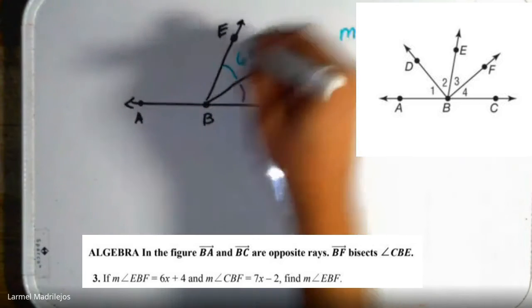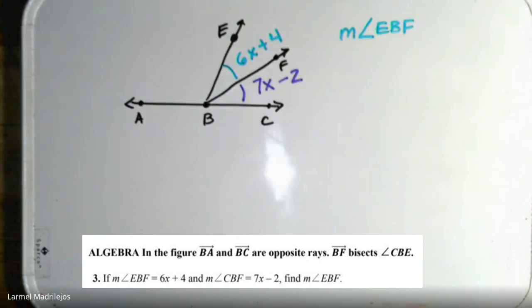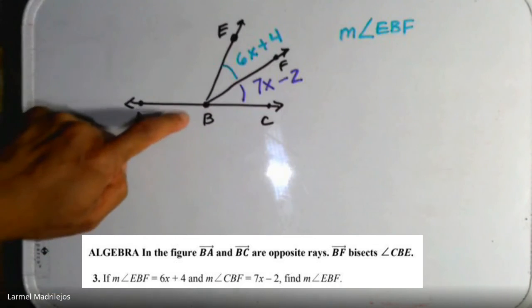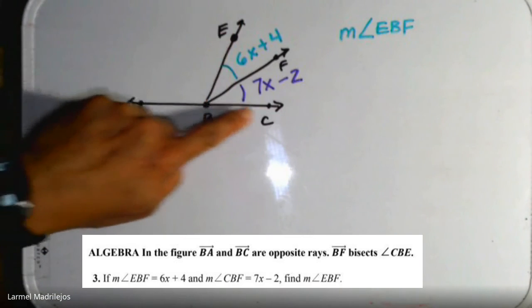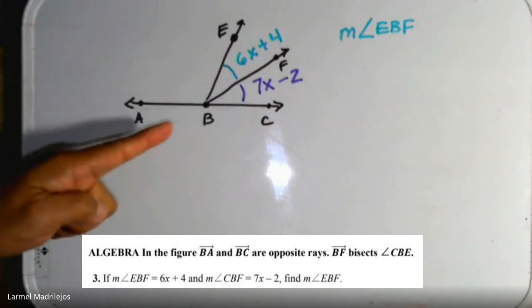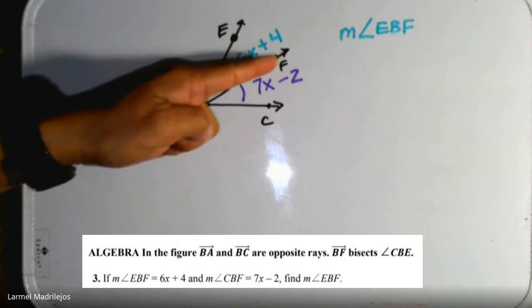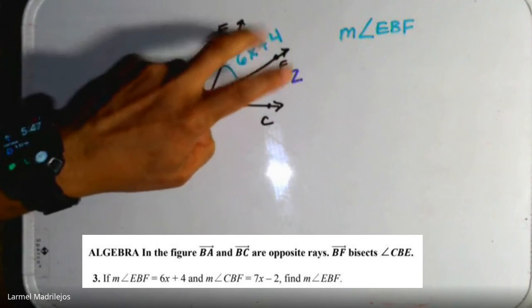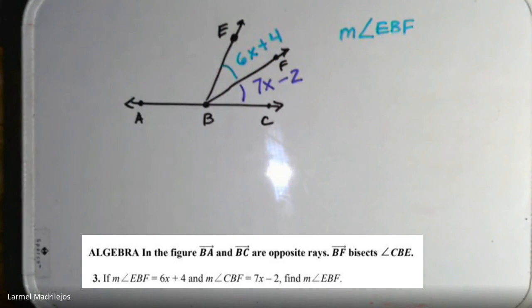So we're looking for that. If you see this, EBC is bisected by BF. So these two expressions are equal. We're going to answer that.